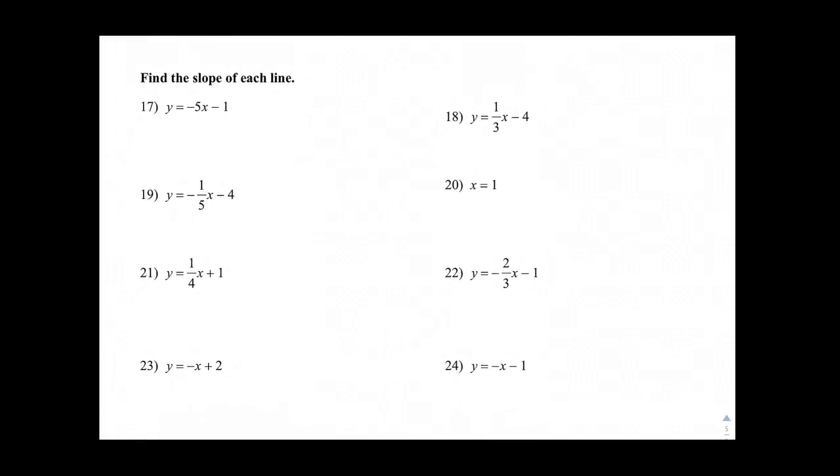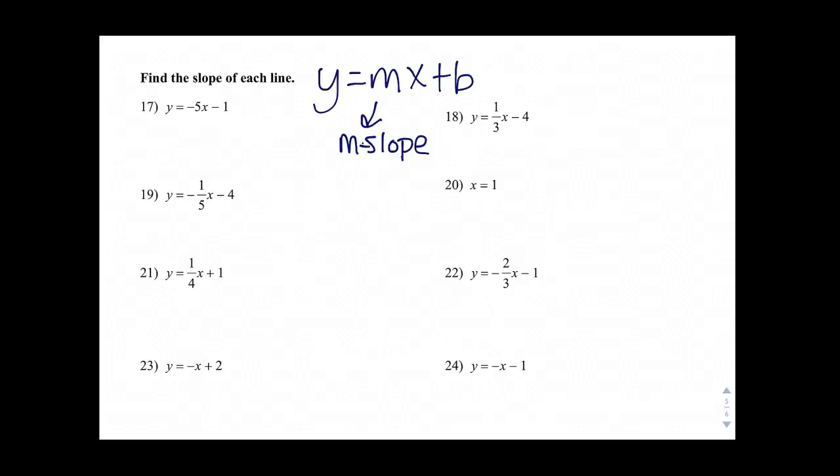Find the slope of each line. Our equation of a line is y equals mx plus b, where m stands for slope. Okay, so my slope is that number in front of the x every single time. Problem is this one.